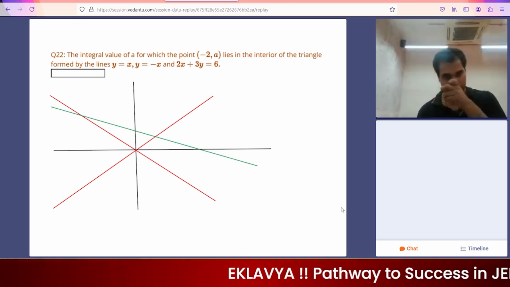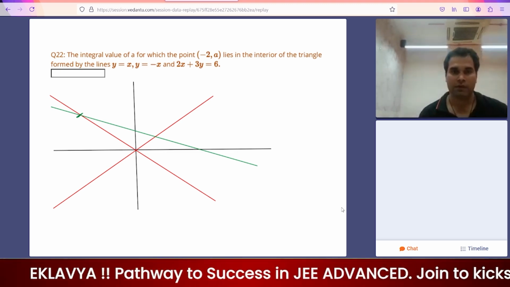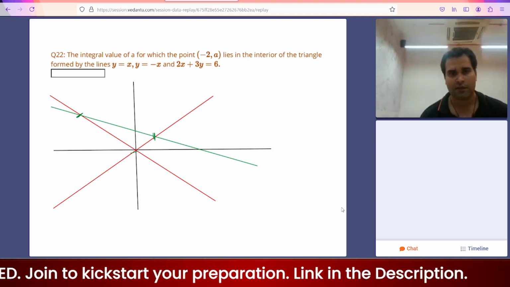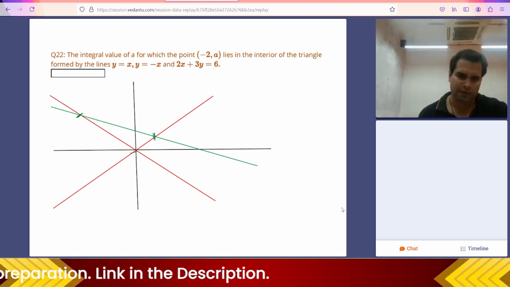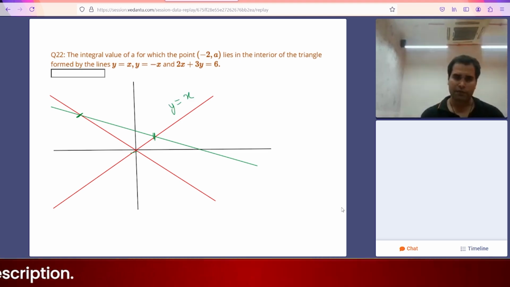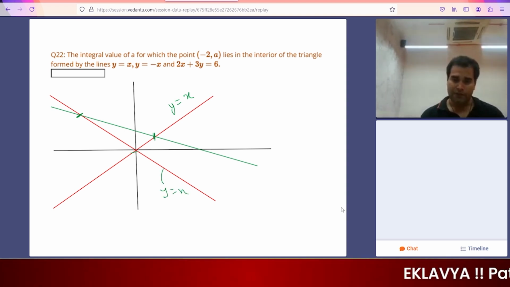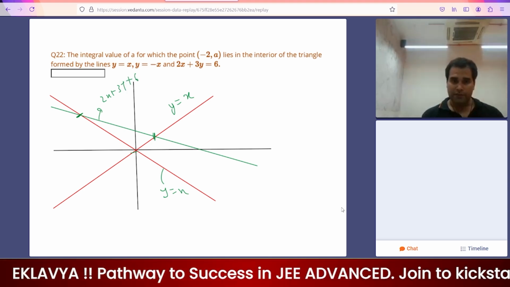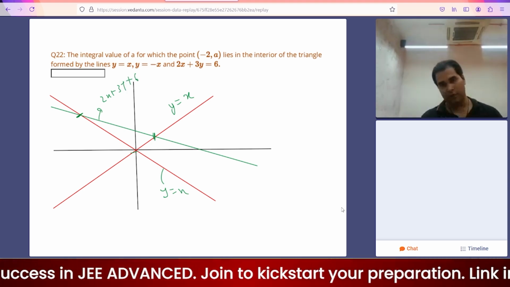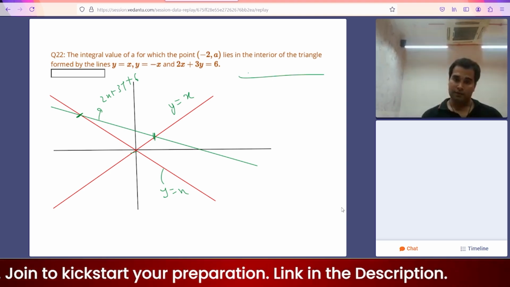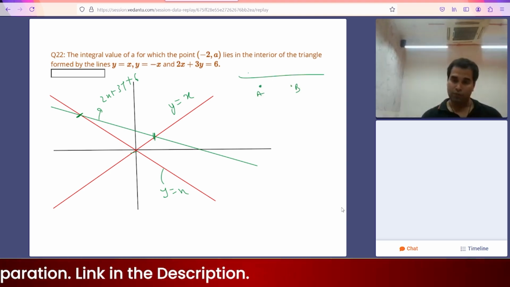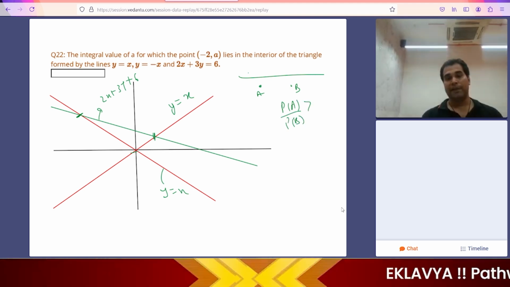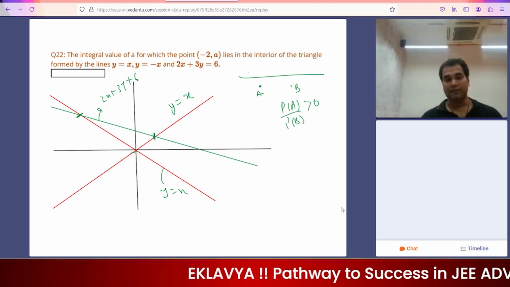This is the exact diagram. Now to find the point of intersection, otherwise we will solve directly. This graph is y equal to x, this graph is y equal to minus x, and this graph is 2x plus 3y plus 6. Now we know that if any two points A and B lie on the same side of a line, then the product of their values is greater than 0.